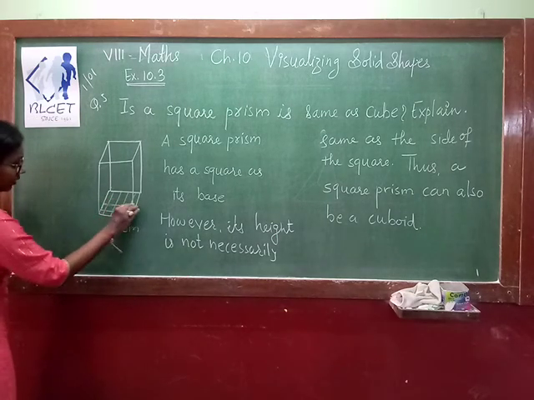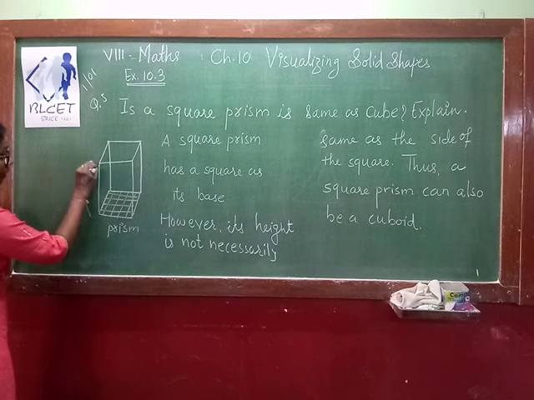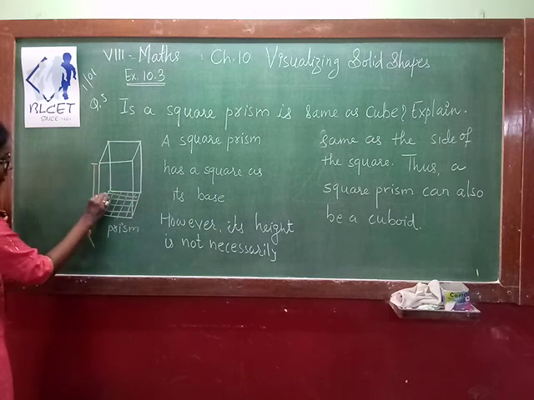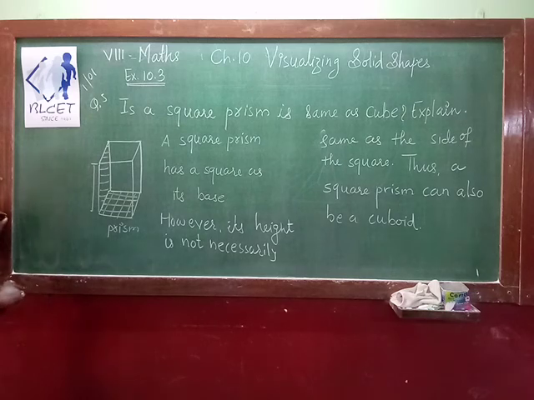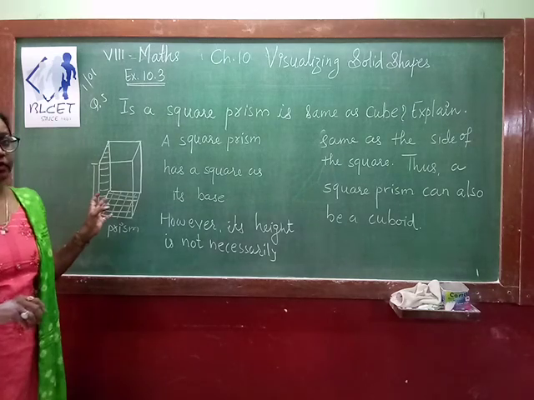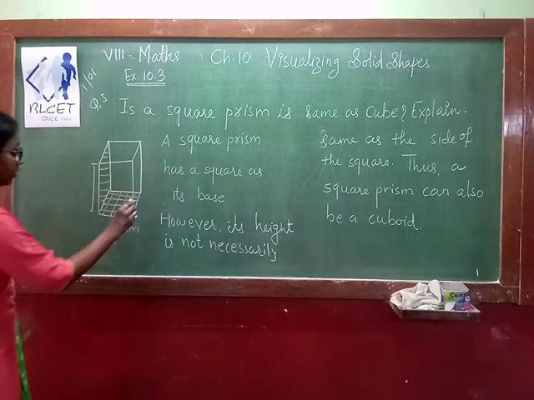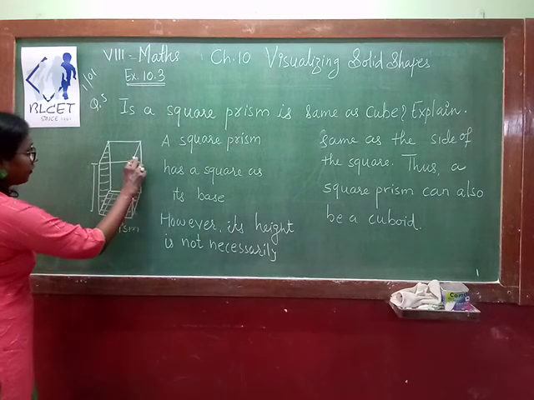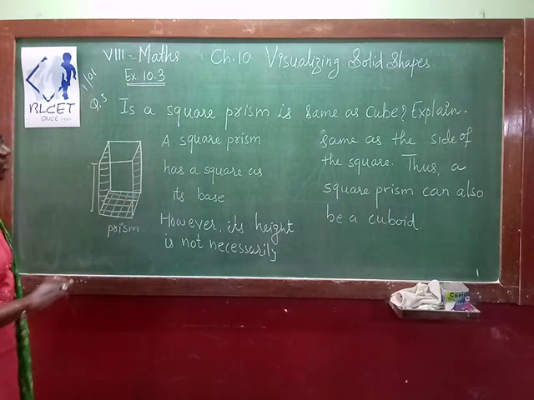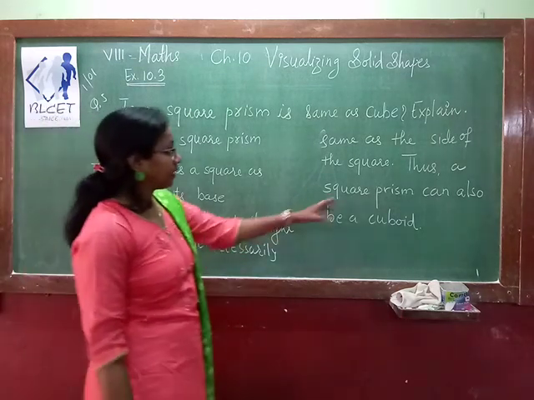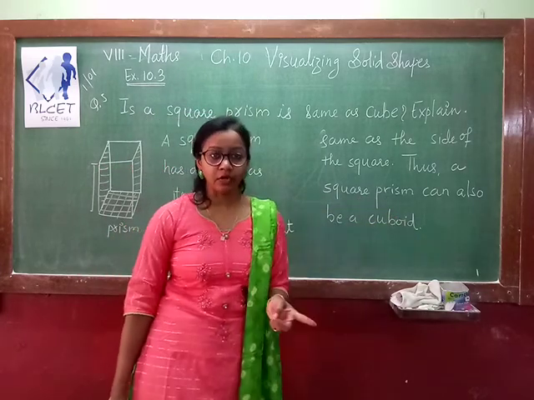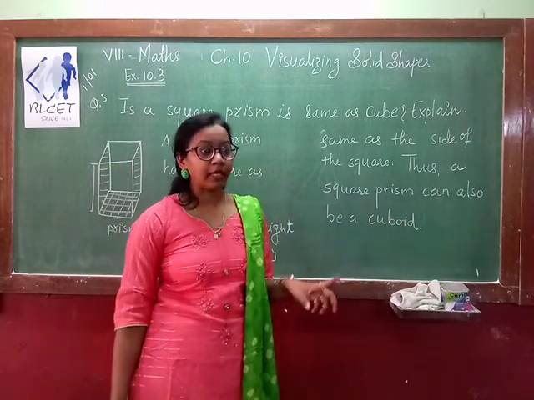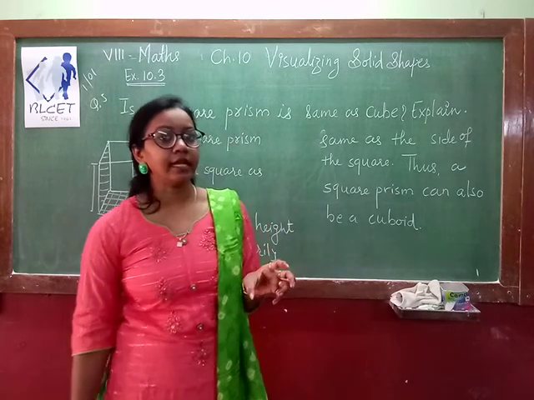But what about the height? It is not in the shape of a square. It can be a rectangle. This is also a rectangle. Thus, a square prism can also be a cuboid. It can be a cube, it can be a cuboid, but it is not compulsorily a cube.